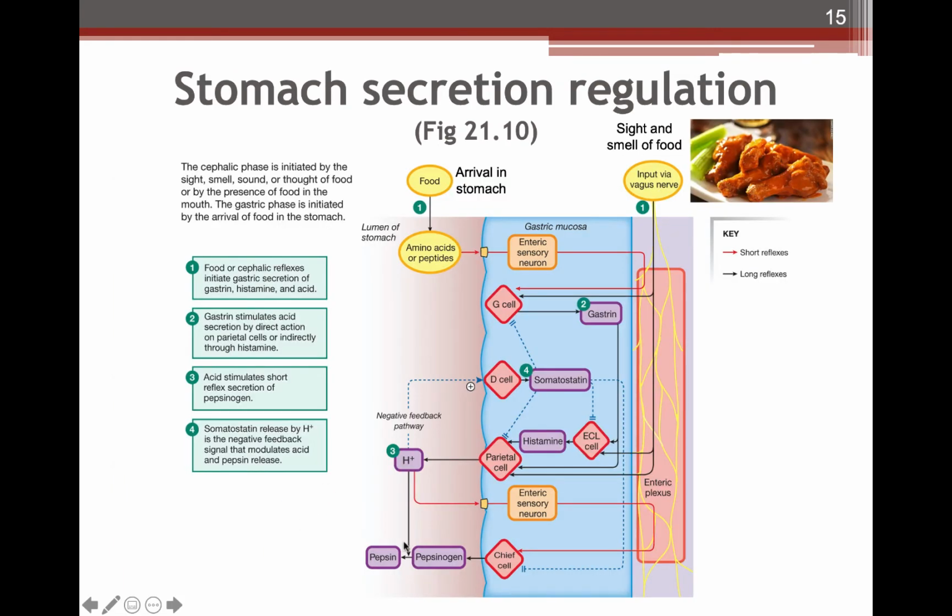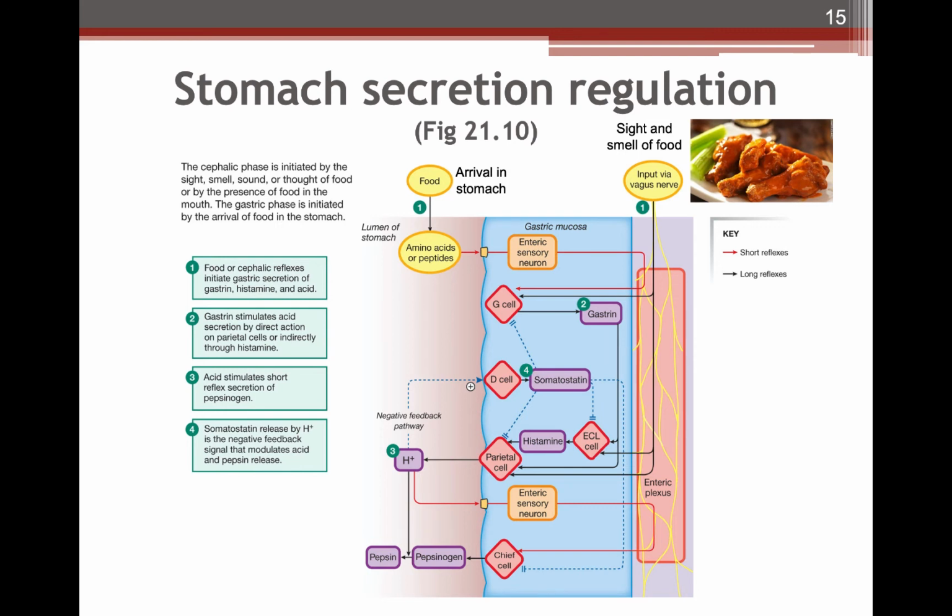So this is a sort of step-by-step diagram, a story that you're going to want to be able to tell. And I highly recommend using process maps to learn these stories in Unit 6. I said it before on the reproductive lecture, like for learning the series of events that goes into meiosis, or this hormonal control of spermatogenesis, or the menstrual cycle.